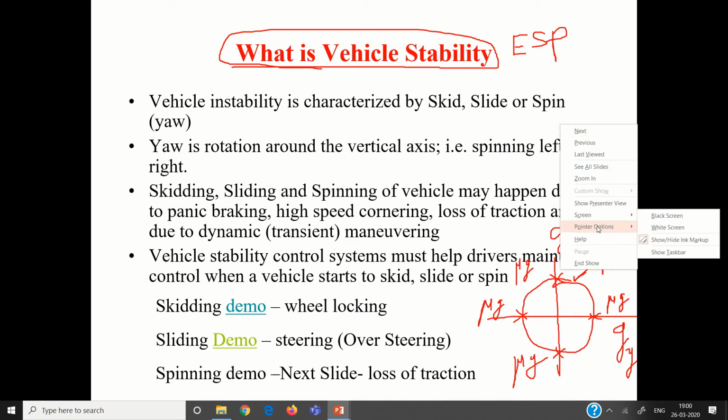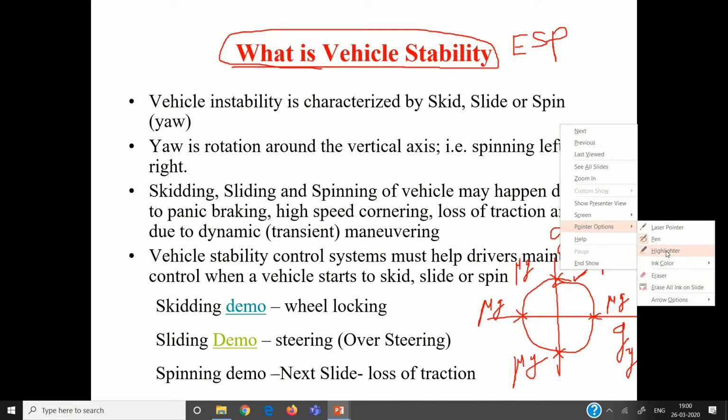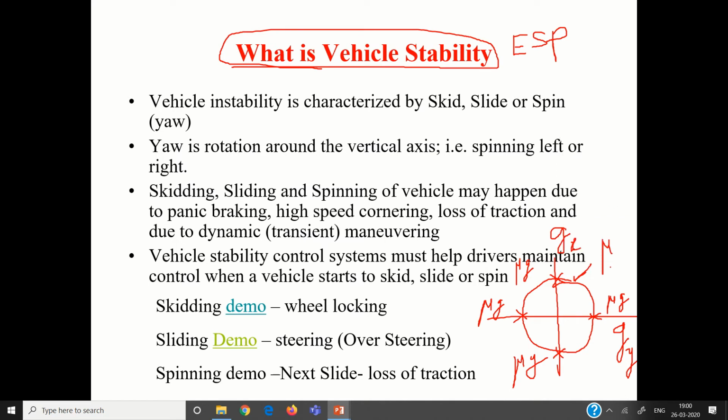Now, suppose if you exceed this acceleration, your vehicle is going to spin.